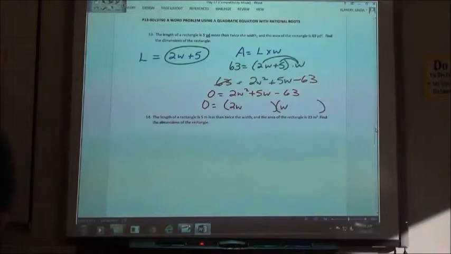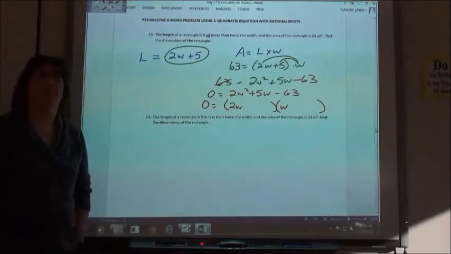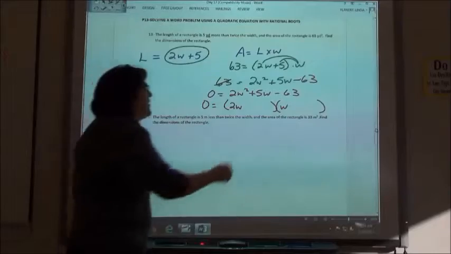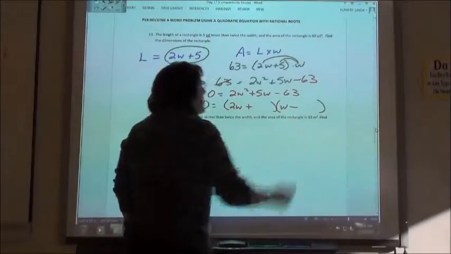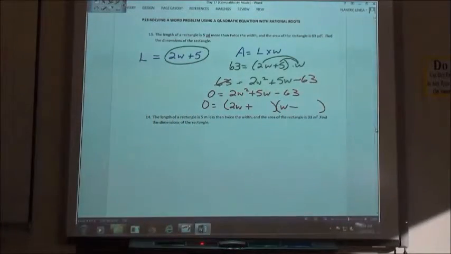If the end is negative, what signs do you have? You have to have a positive and a negative, because a positive times a negative gives us a negative on the end.